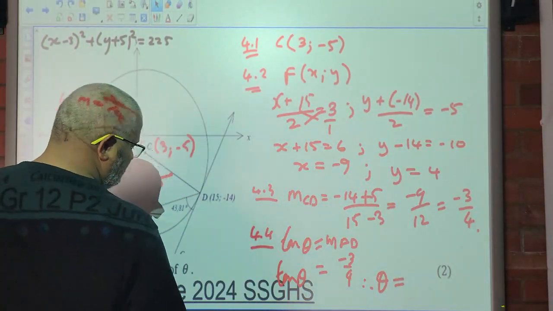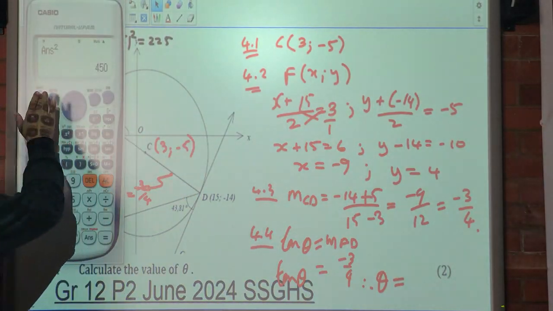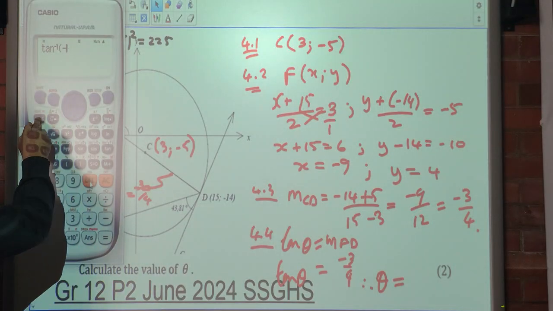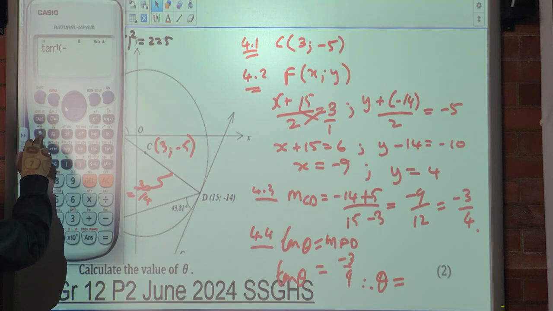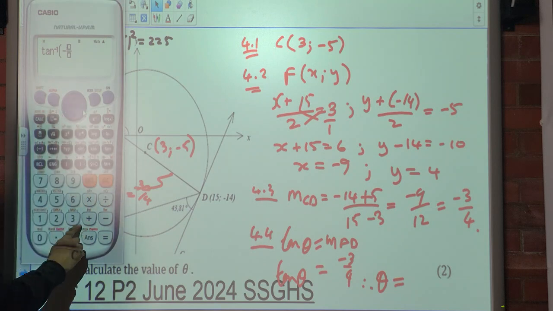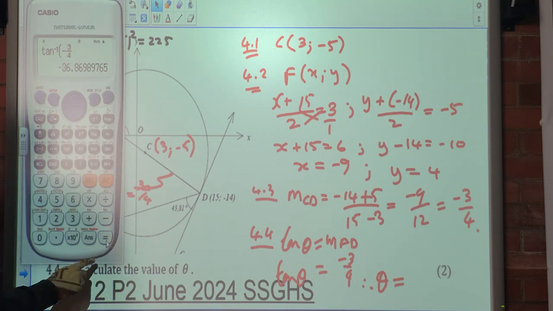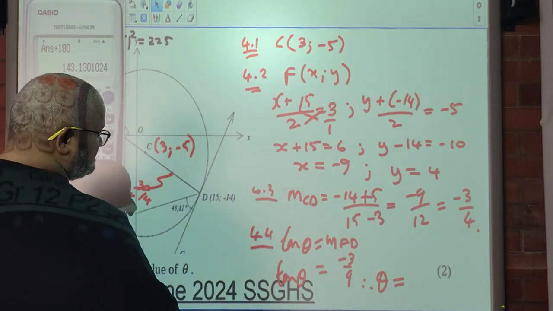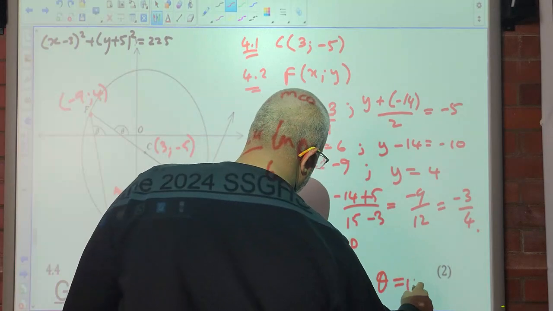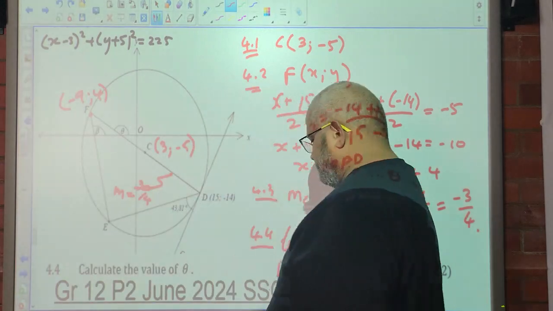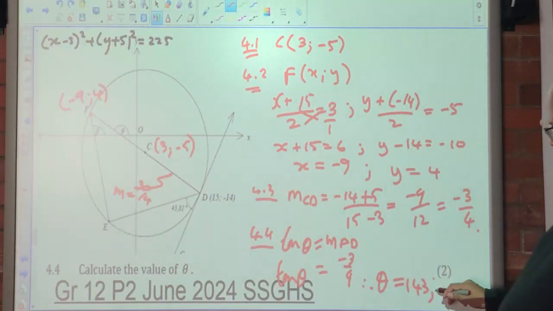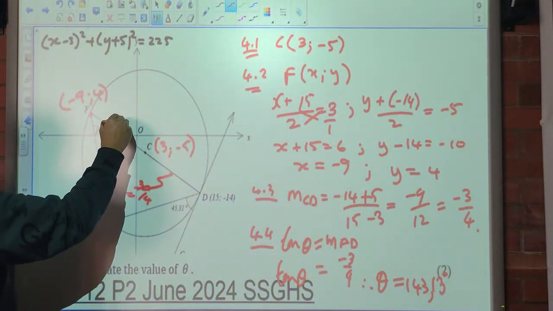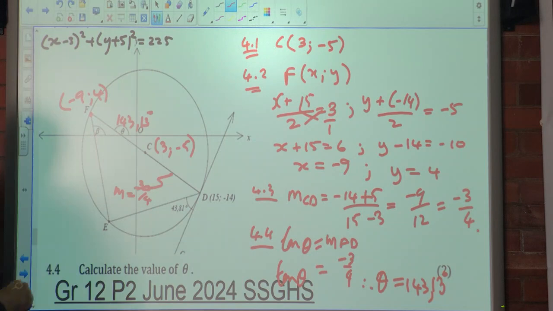So we go shift tan of negative 3 over 4. Then what do we do? We add 180. That gives you an answer of 143,13 degrees. As you can see, it's obviously 143,13 degrees.